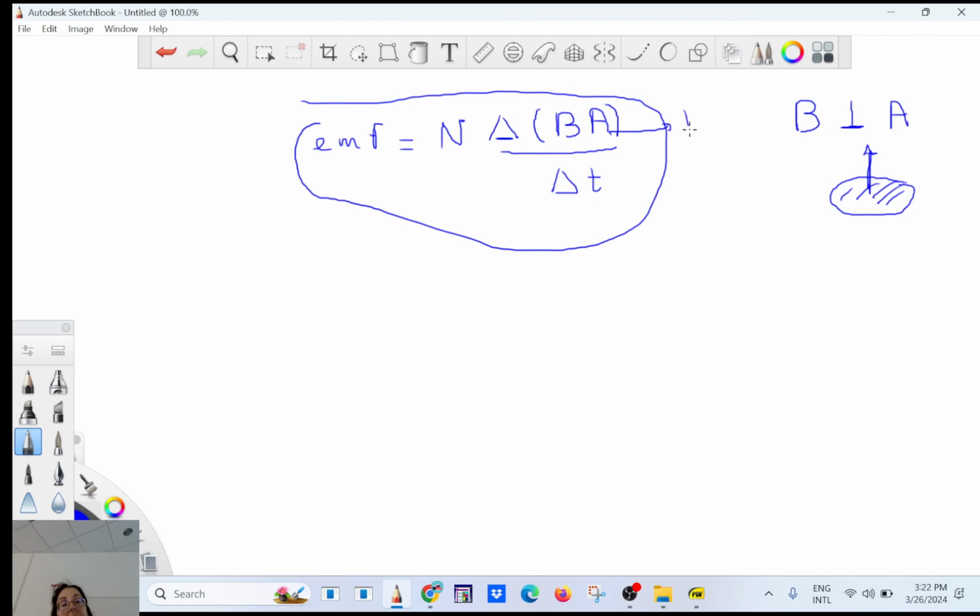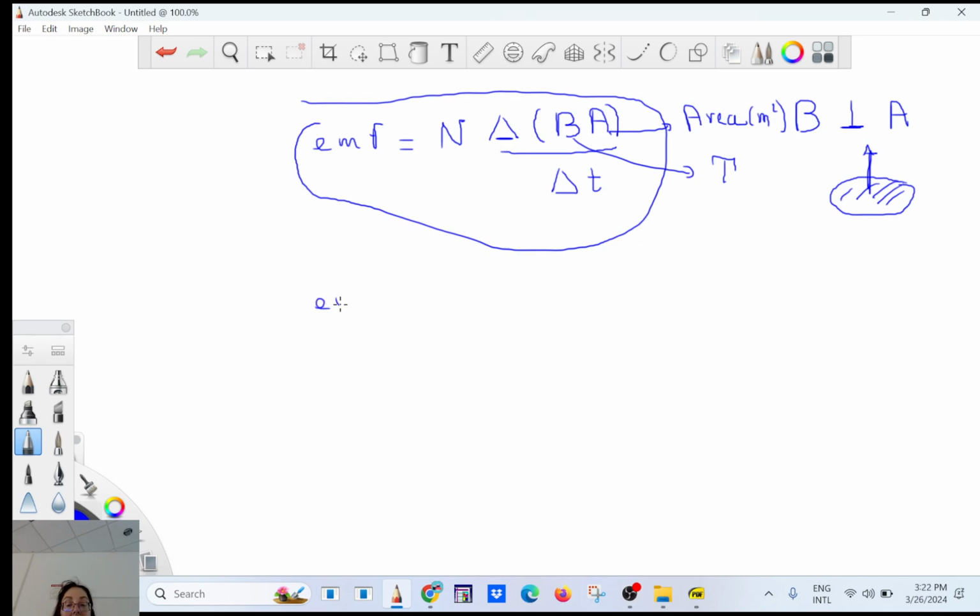So A will be the area of your loop. That will be your magnetic field. So that will be in Tesla, that will be in meters squared, and that will be in time.